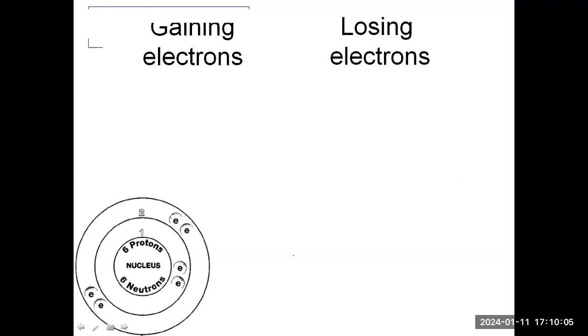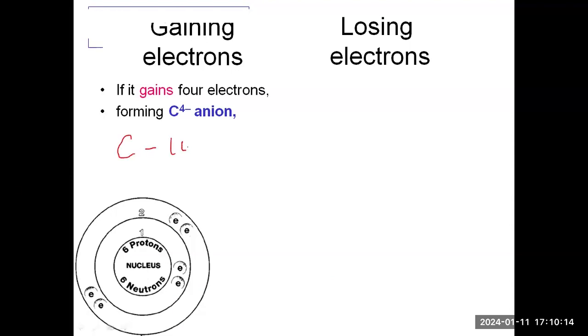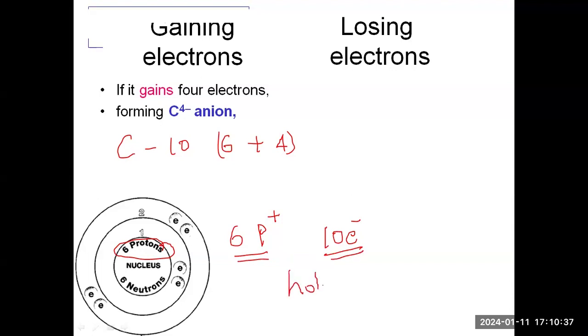Suppose it gains 4 electrons, then the total number of electrons in carbon becomes 10, because 6 original electrons plus 4 electrons which are gained. Now in the nucleus there are 6 protons only, 6 positive charge, but the electrons are 10. So it becomes difficult for 6 protons to hold 10 electrons. So gaining of electrons by carbon is not possible.